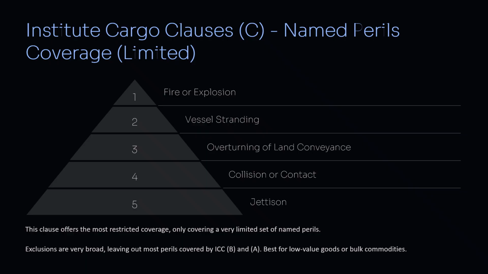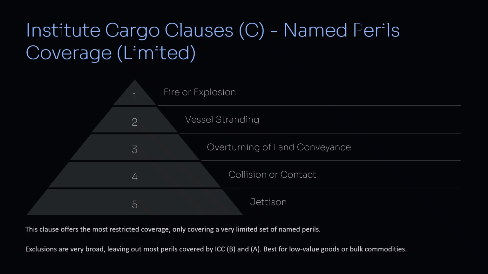Finally, we have the Institute Cargo Clause C. This is the most basic and most restricted level of coverage. Its scope is quite narrow. It only covers a very small number of specifically named perils. These covered perils include fire or explosion, if the ship runs aground, sinks, or capsizes, if the truck or train overturns, collisions, cargo being unloaded at an emergency port, and jettison.